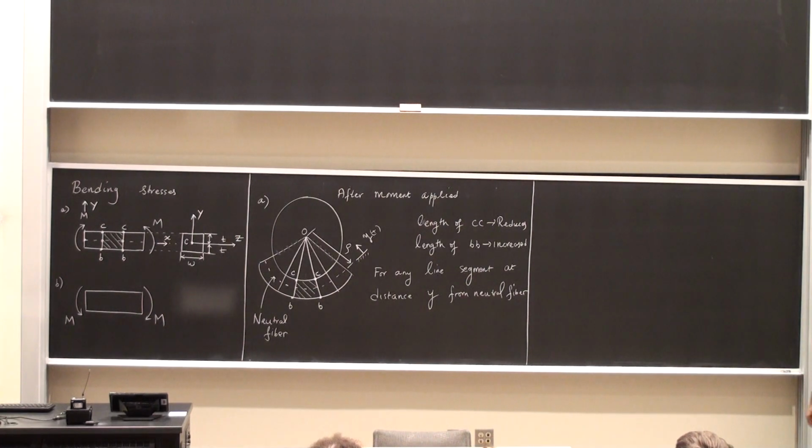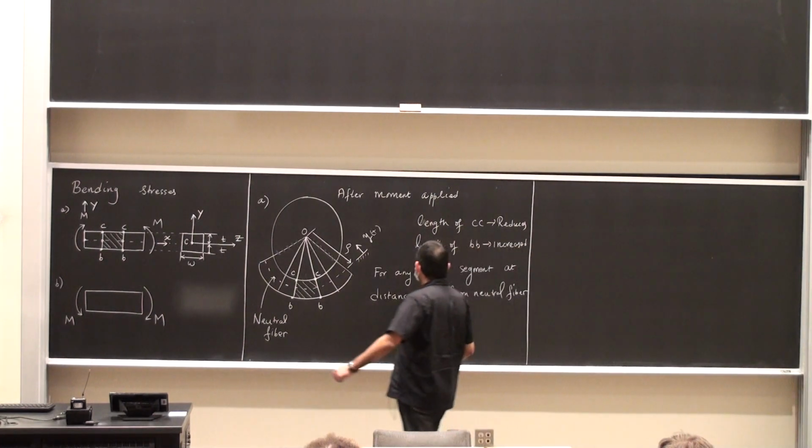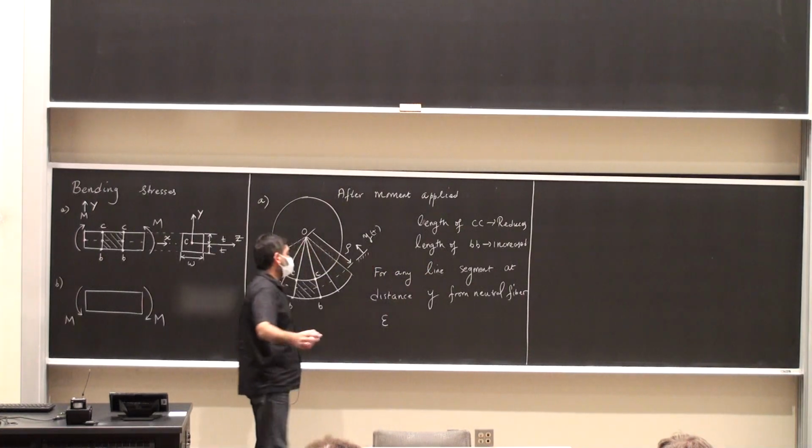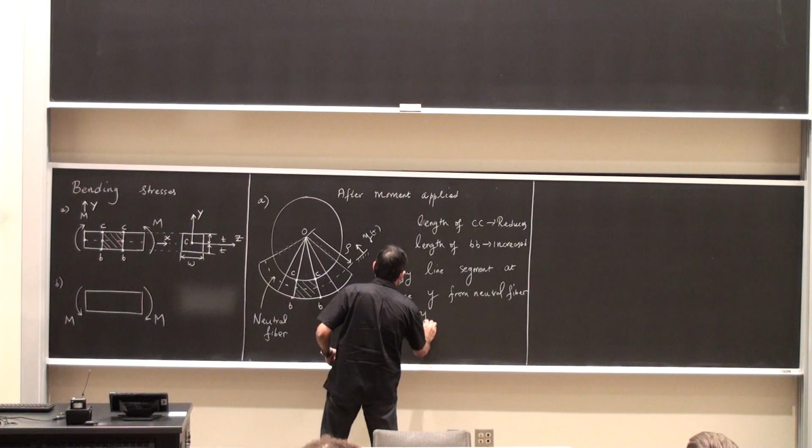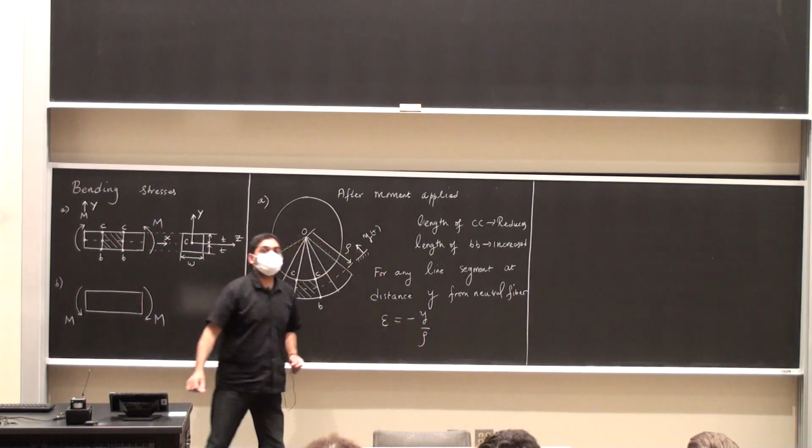The strain that we calculated was the following. So epsilon is equal to minus y by rho.